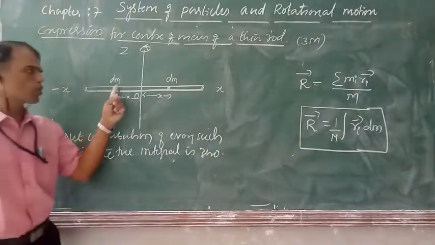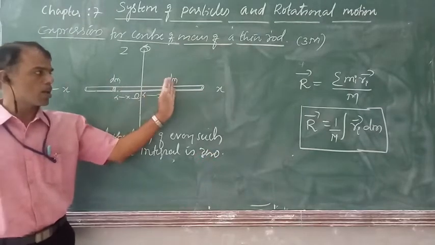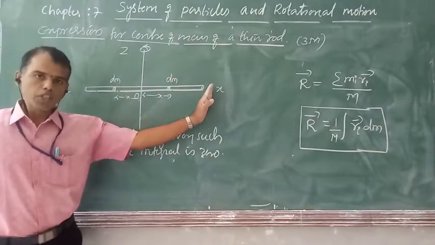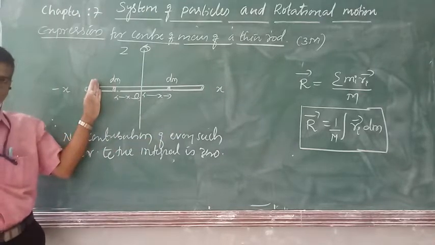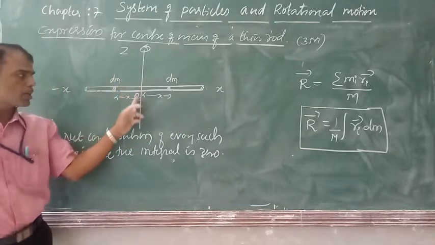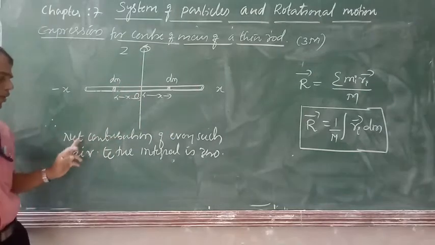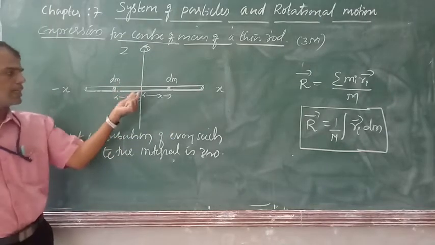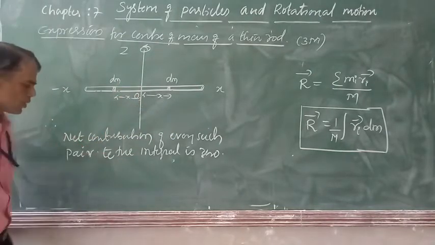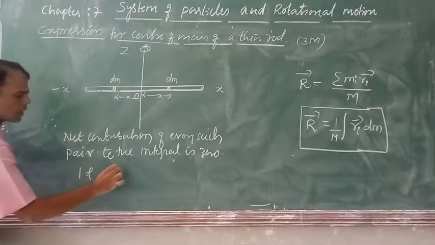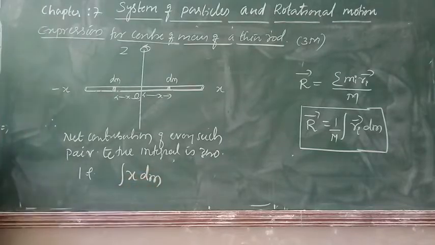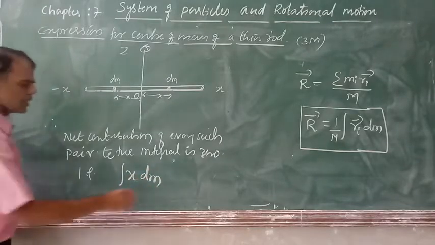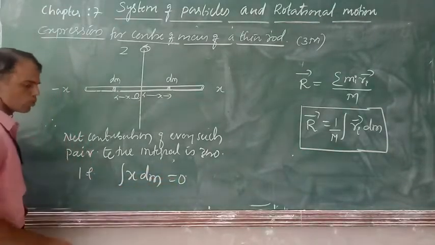For every such small mass on the positive x-axis, we have an equal mass on the negative x-axis. Therefore, the net contribution of every such pair to the integral is 0, that is, integration of x dm is equal to 0.